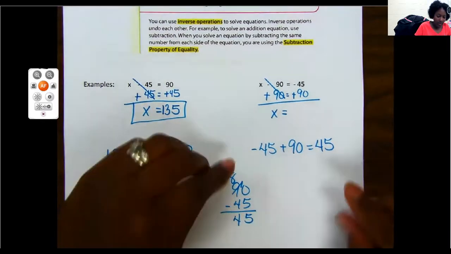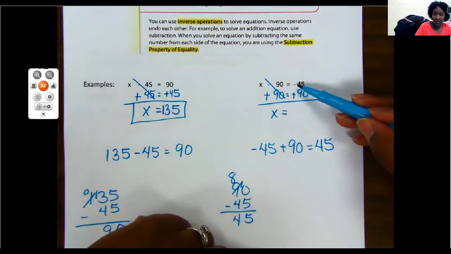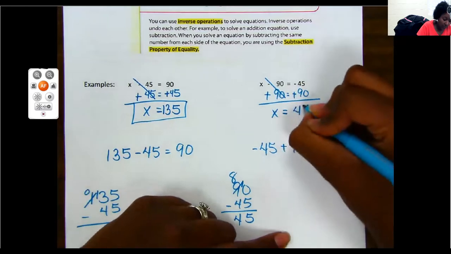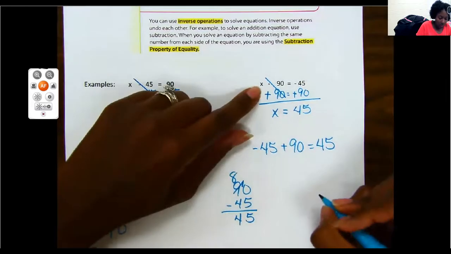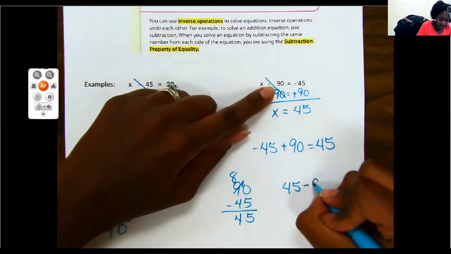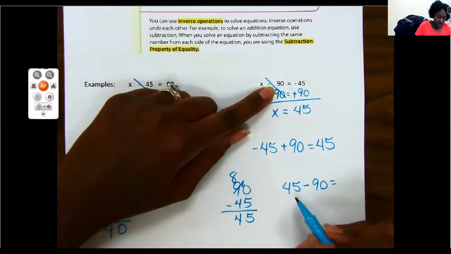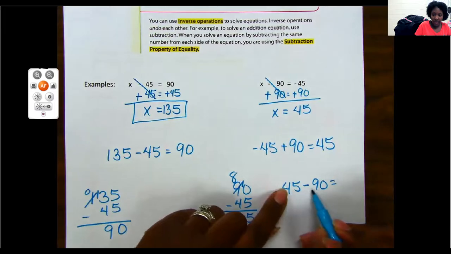Okay. Now you might be like, oh, miss, what happened? It's supposed to be a negative 45. You're correct. Remember, we have to check our answer. So we're going to come over here and put 45 minus 90 and see what it equals. I have a positive 45 and a negative 90.